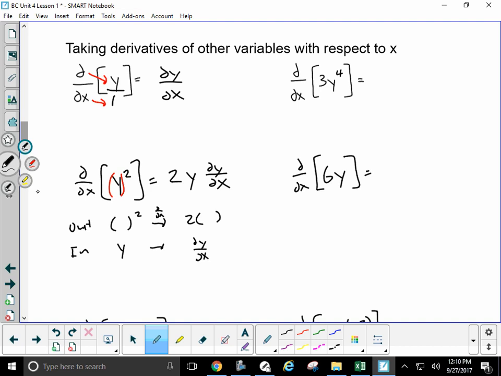Let me do the other one. 3y to the 4th. I'd consider it an outside, which is the 3 stuff to the 4th, and an inside, which is the y. Derivative of the outside would be 12 stuff cubed. Derivative of the inside would be dy dx. So I would say this is 12y cubed times dy dx.